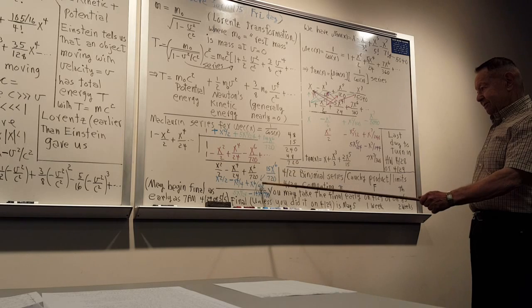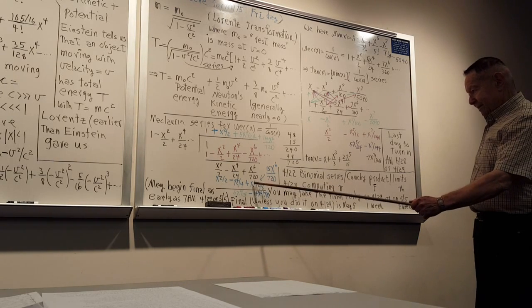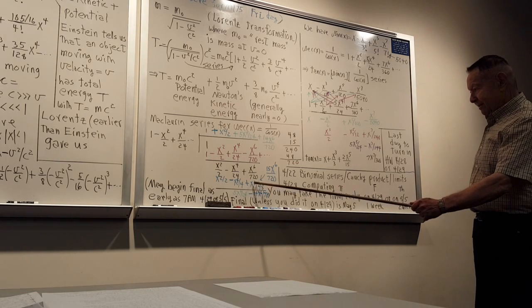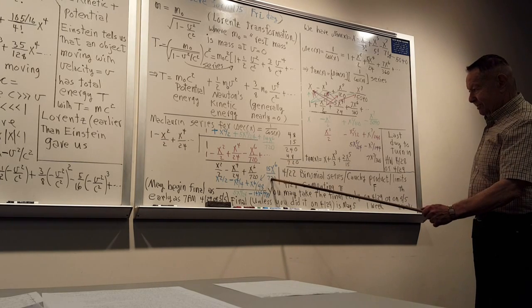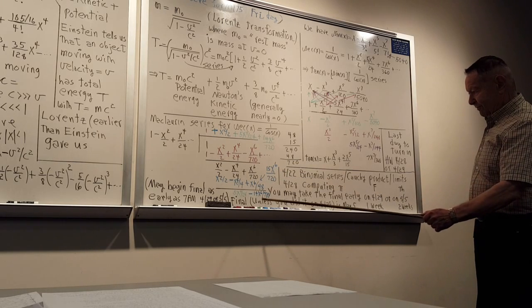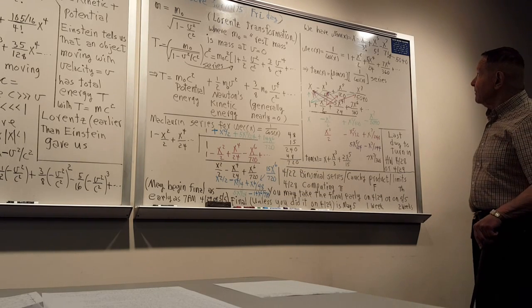And then this next one will finally be, if you wrote this one with the common denominator of 720, you would have 15x sixth over 720, and so you'd have one of them minus 15, so you'd have minus 14x sixth over 720.